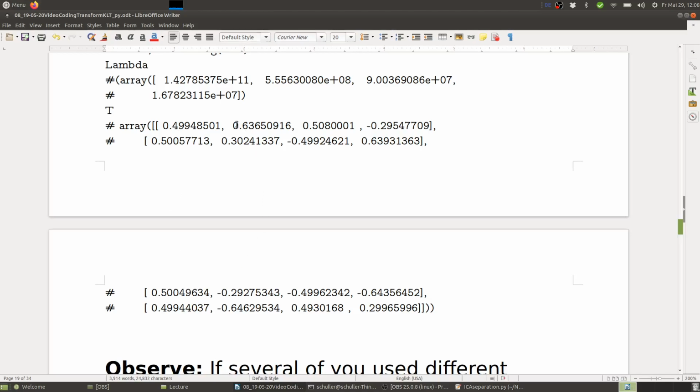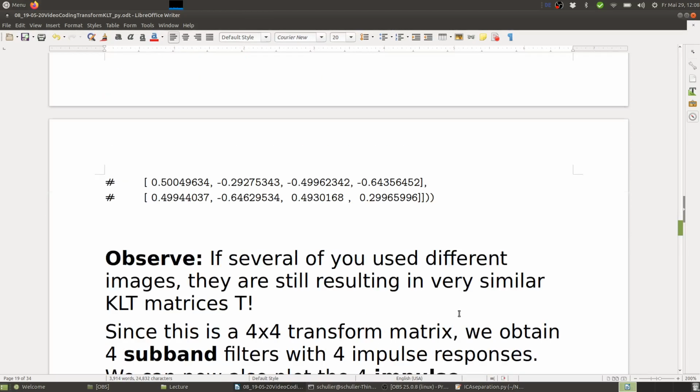And here you have the next eigenvector, so you have positive values, then negative values. Here, positive to negative, positive, and then here it changes each time, negative, positive, negative, positive. So this looks like low frequency, medium frequency in the middle two, and highest frequency. So it looks pretty much like a DCT.